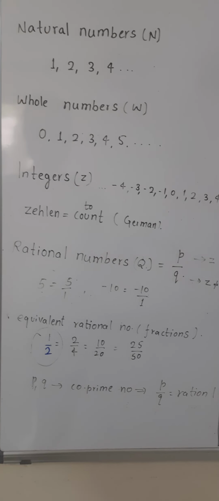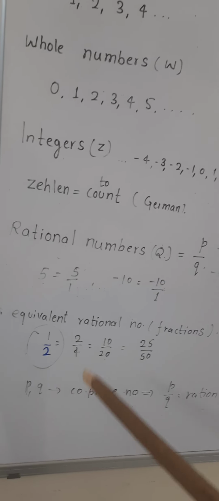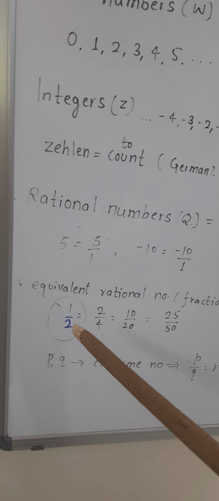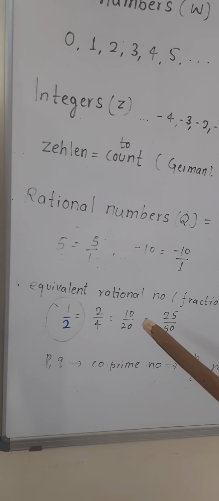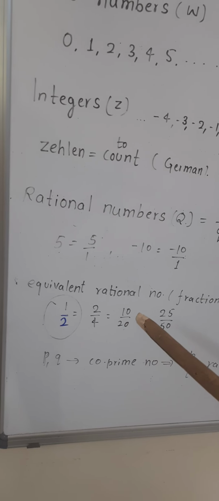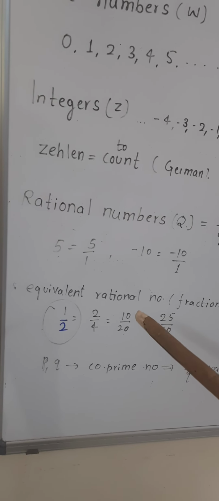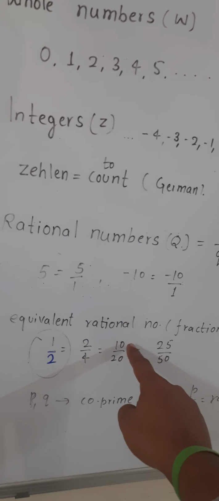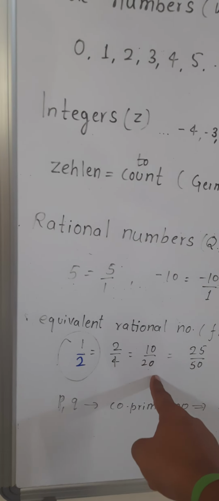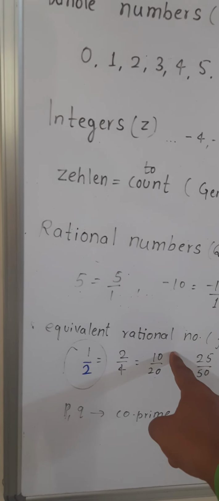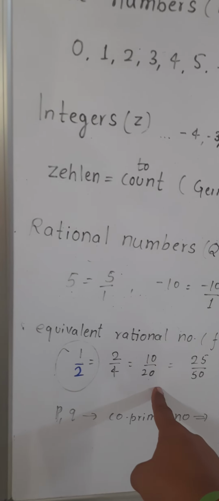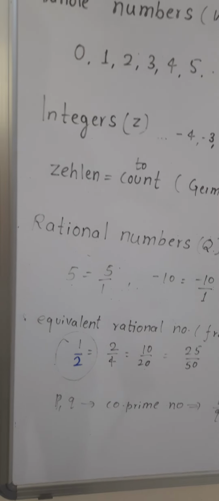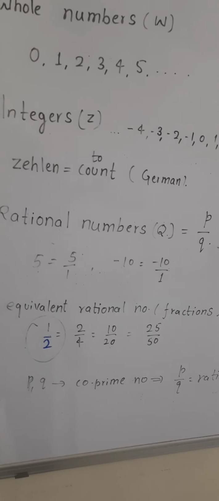Or in more mathematical terms, you can say there is no common factor between numerator and denominator. Suppose in 10 and 20 there is a common factor of 2, and a common factor of 5. Common factor means you can cancel it out: from 10, 2 fives are 10, 2 tens are 20. From 5, 5 twos are 10, 5 fours are 20. There are multiple common factors.